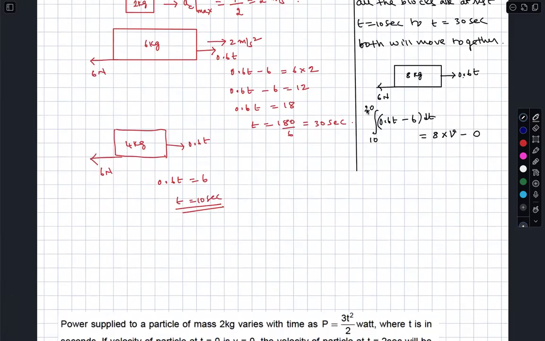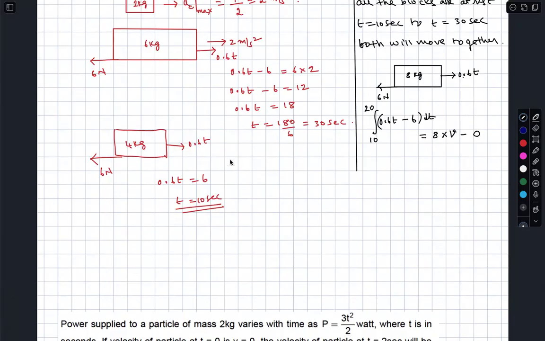This is a very hardcore step. Confirm, have you understood this or not? I'm repeating again, this is a hardcore step. Net force times dt is impulse. Impulse is change in momentum. This is what I've written. Confirm yes or no for this. ECL students first. Sir, the system is 6 kg.